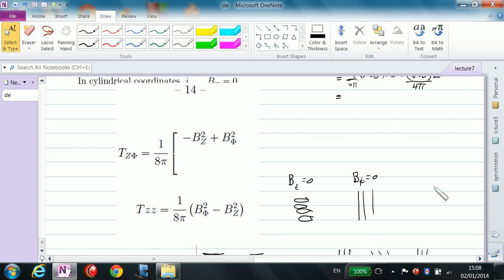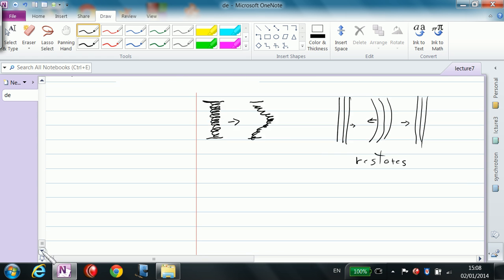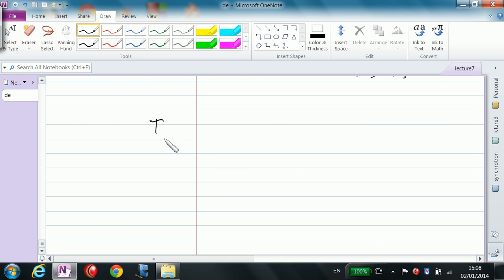And the inflationary universe, where the whole universe is under tension, the cosmological constant just says that there's a T mu nu term equal to minus lambda, where lambda is a positive number, and it's equal to Tyy and Tzz.